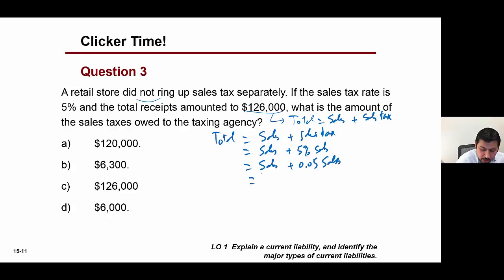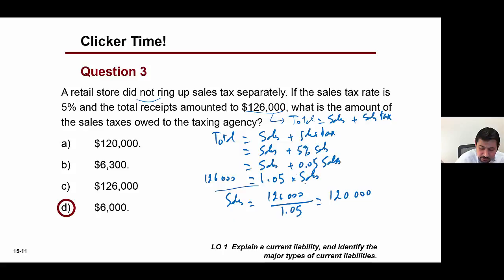That would be equal to 1.05 multiplied by sales. So this is equal to 126,000, which means sales is equal to 126,000 divided by 1.05, and that would be 120,000. This is sales.